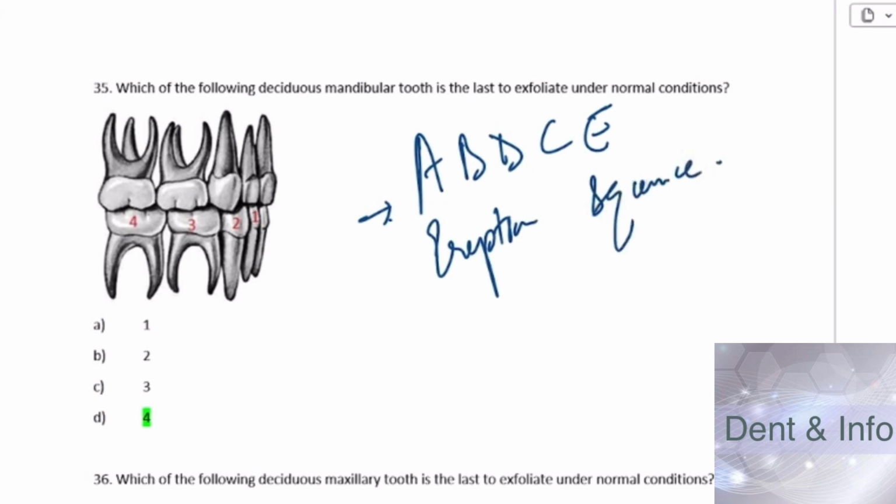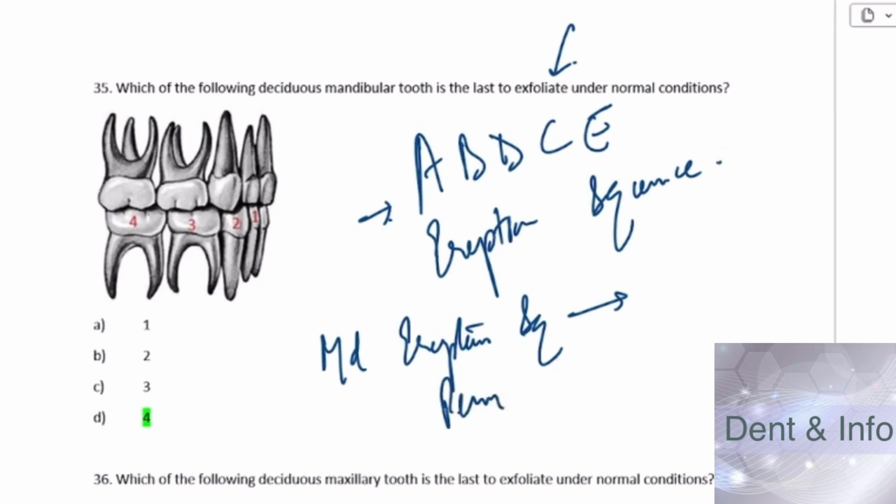Now here the question comes for the exfoliation. For exfoliation, we need to know the eruption sequence for mandibular permanent teeth, because these deciduous teeth are going to be replaced by permanent teeth. For permanent teeth, what is the eruption sequence? 6, 1, 2, 3, 4, 5, 7.